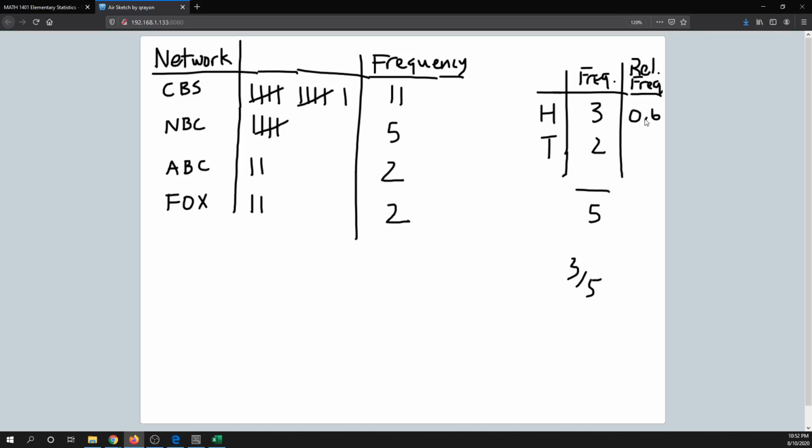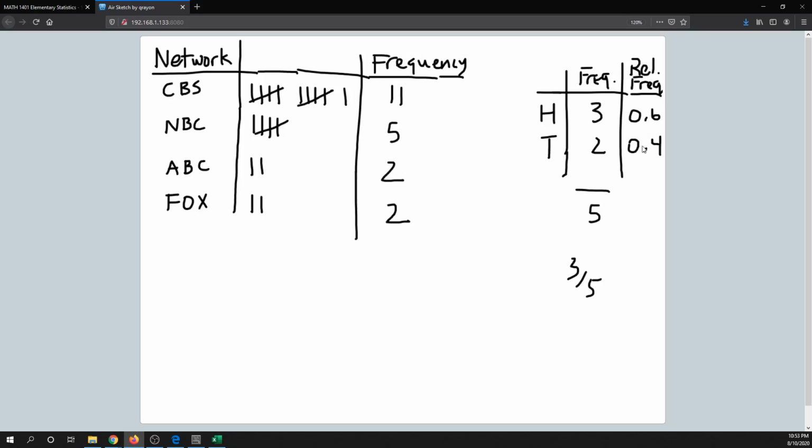Sometimes they'll ask you to do these in percents, so you would put 60%. But if they just ask for relative frequency, in our book at least, they're just asking for these decimals. And the relative frequency for tails would be 2 divided by 5, which is 0.4.